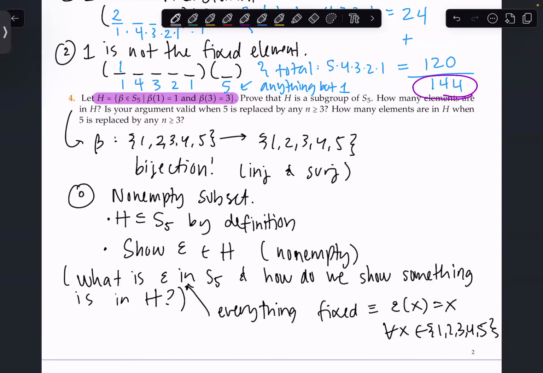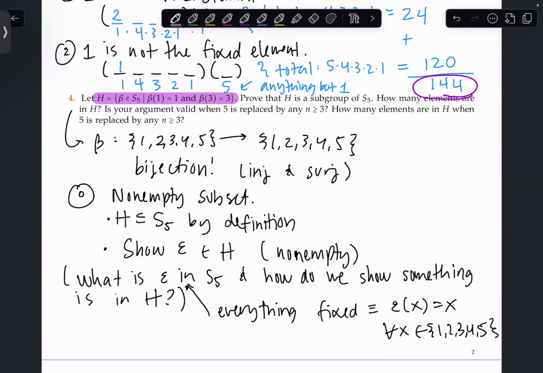But this is telling me no matter which X I choose, it'll get mapped to itself. So in particular, if I plug in 1, I do get 1. If I plug in 3, I also get 3. So this is one of my permutations that lands inside of H. So this is a non-empty subset. So I've done my part 0 that I need to do regardless of which subgroup test I use.